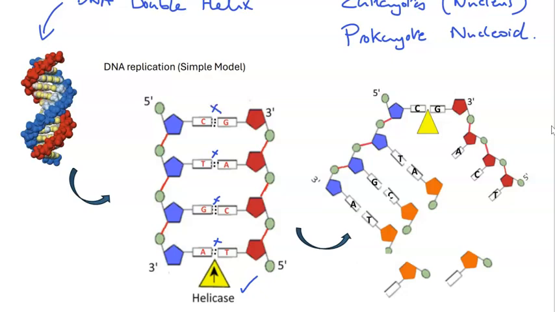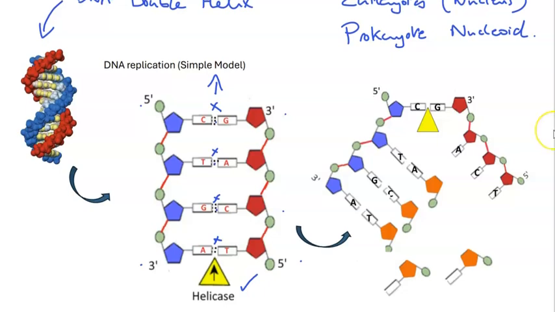You can see in the image that we have the 5' to 3' chain on this side, whereas the 3' to 5' antiparallel strand is on this side. So the helicase will progressively work up through the DNA molecule in this direction.